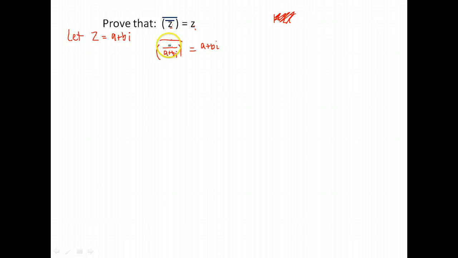But here we go. Now remember the line over the top, that means the conjugate of the number, and that means we change the sign in front of our imaginary part. So instead of a plus bi, that would be a minus bi. Now I've taken care of that first conjugate here, but I still have this one that was up above. And I'm trying to prove that that's equal to a plus bi.